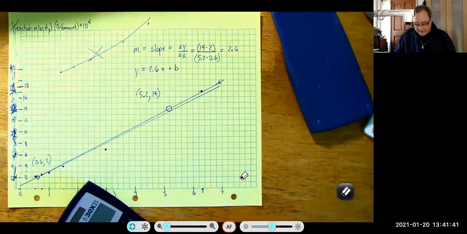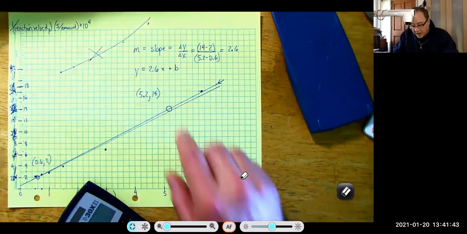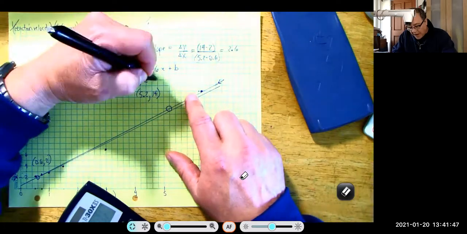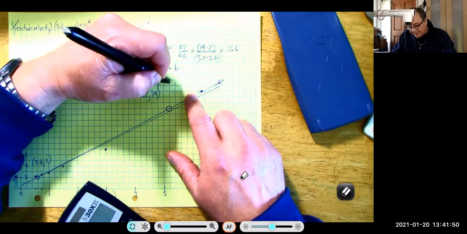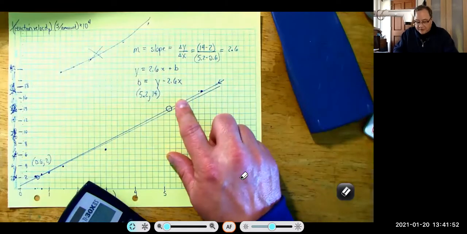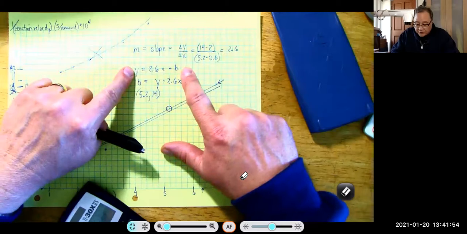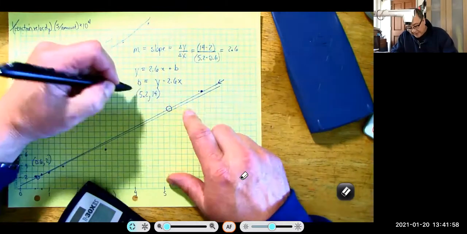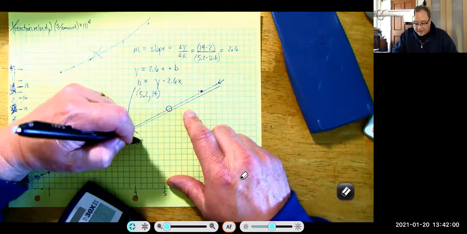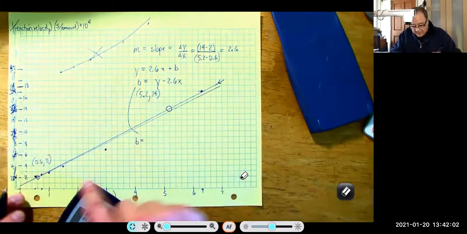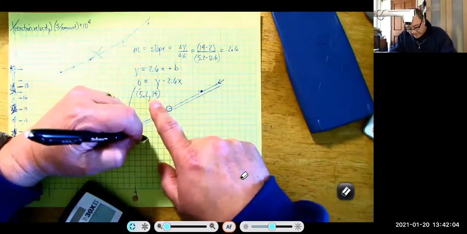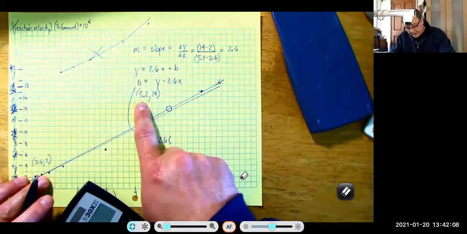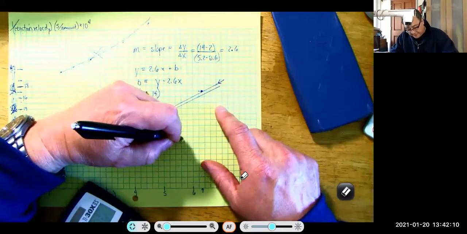How do we get b? Well, it's simple. I'm going to use b is equal to y minus 2.6x. So I've just taken this equation, I've rearranged it so I have b on one side and everything else on the other side. And then to figure out b, I'm going to plug in this y, 14, minus 2.6, and this x, 5.2.